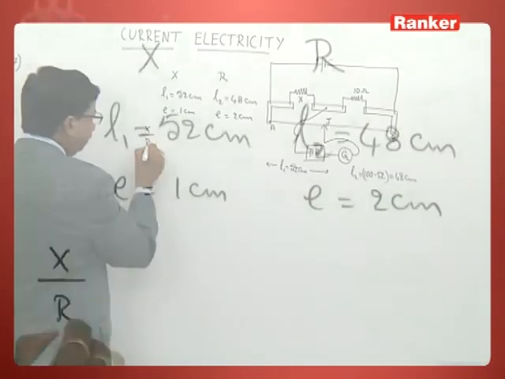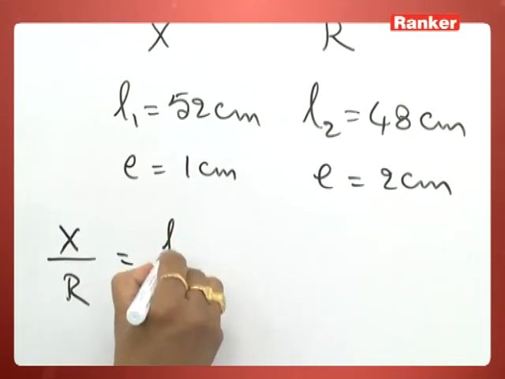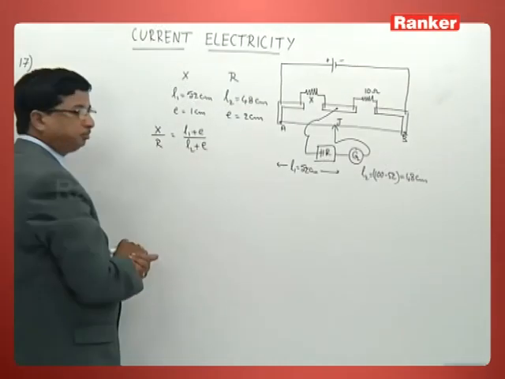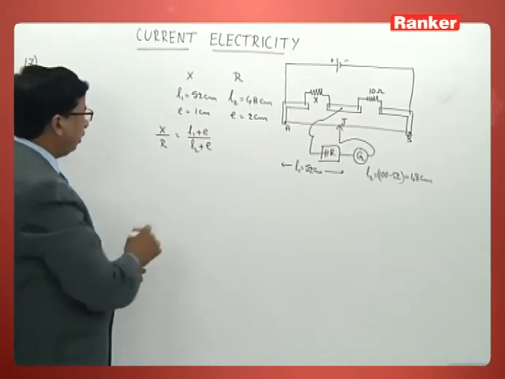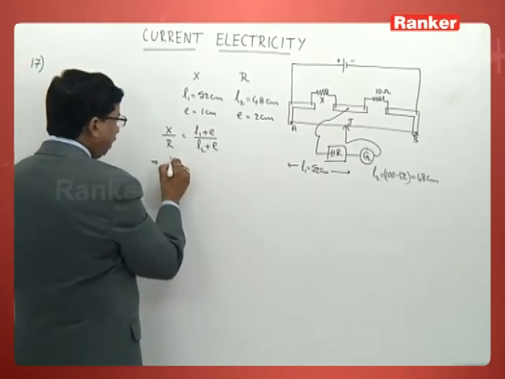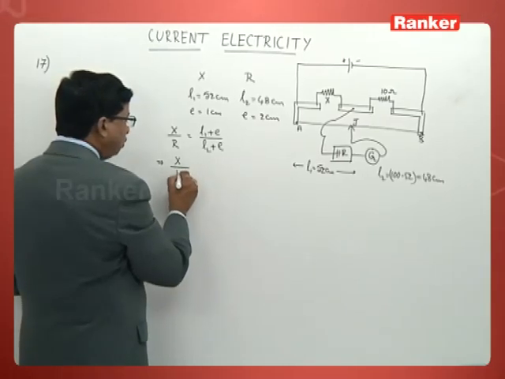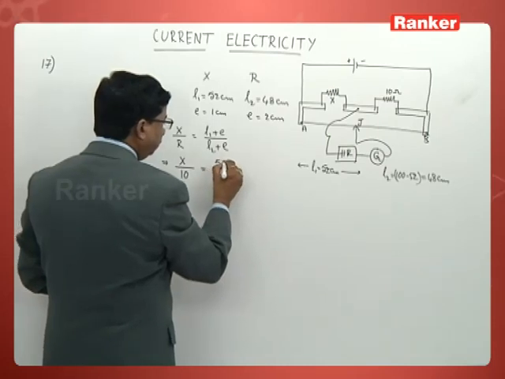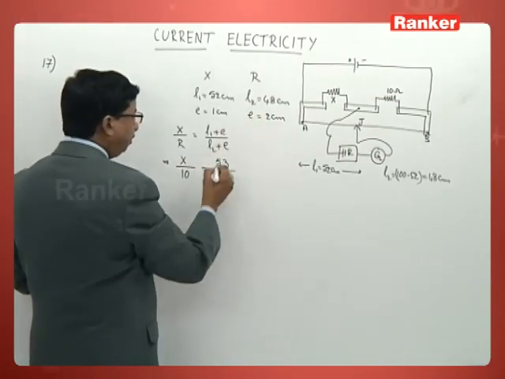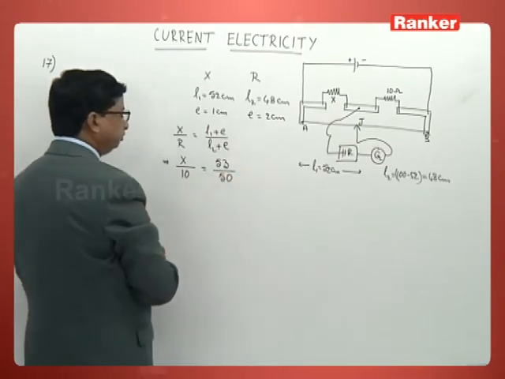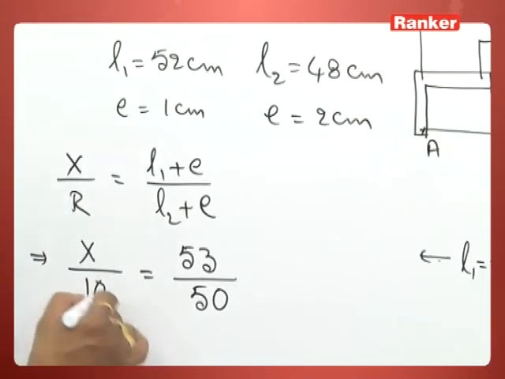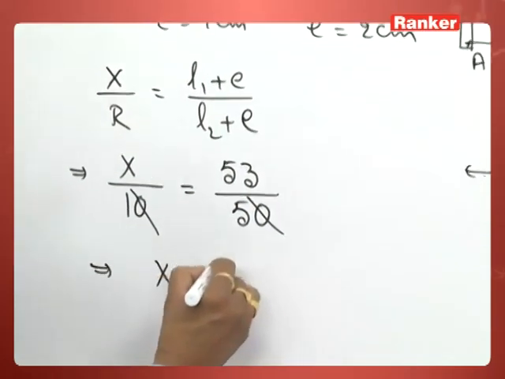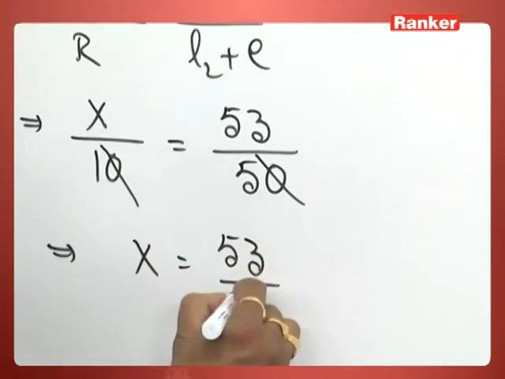X by R is equal to L1 plus E by L2 plus E. X is unknown, R is known, that is 10, L1 plus E is 53 and L2 plus E is 50. So every one of you can straight away understand these two zeros get cancelled. Now X is equal to 53 by 5.